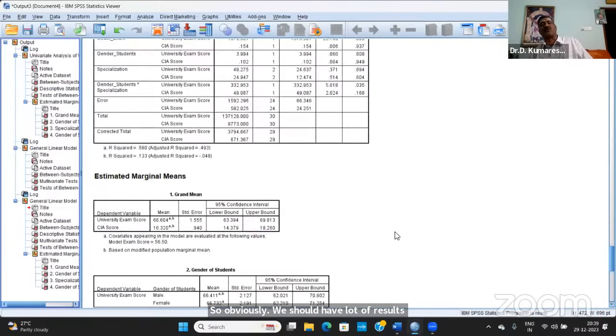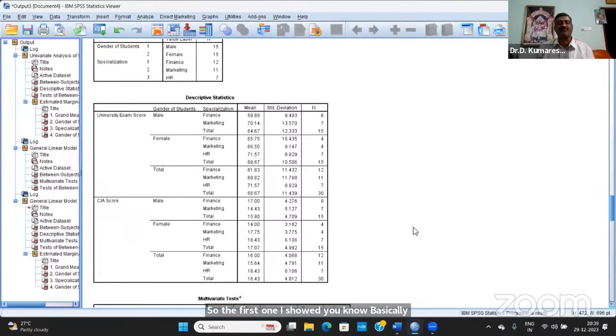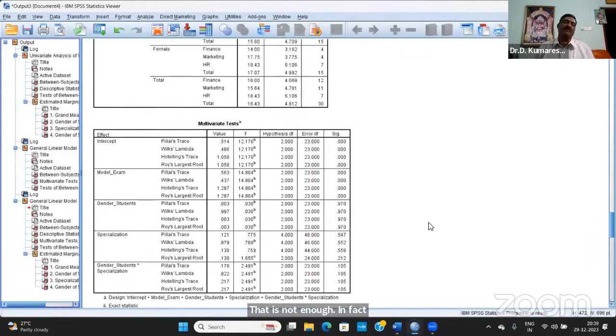So the first one I showed, basic result. That is not enough. In fact, for research papers to be published in peer-reviewed journals, it is enough. If you want to publish your paper in high impact factor journals, better you can go for advanced output, like I have shown now.